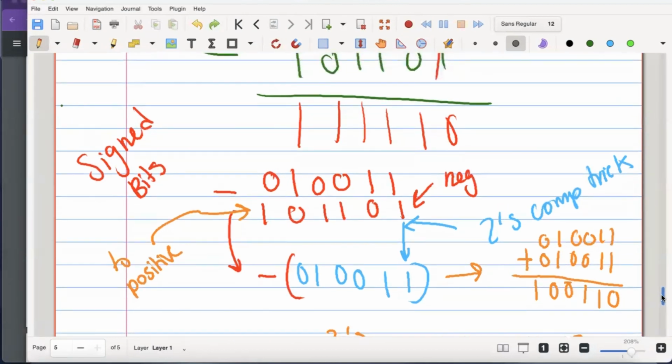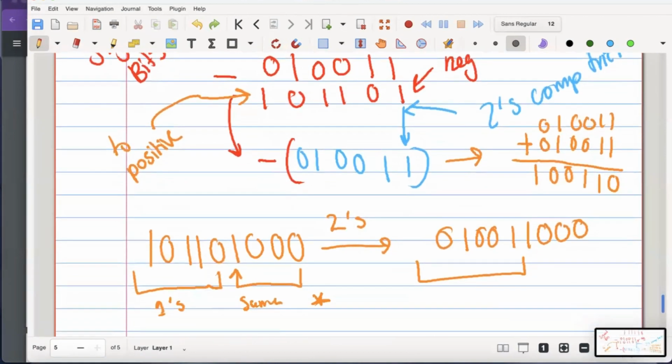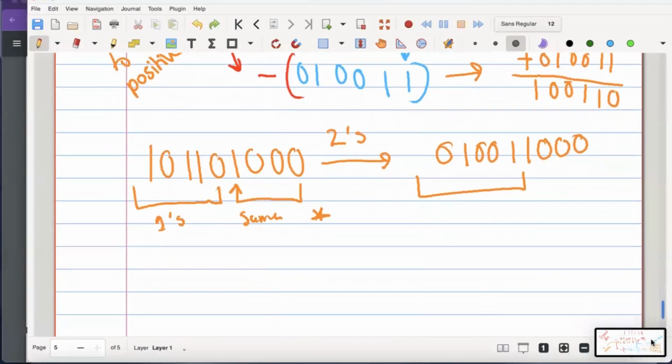So let me just write this. Actually, can I just take a screenshot of this and move it? Perfect. Let me just quickly put this down.